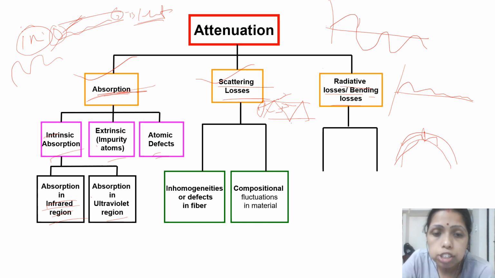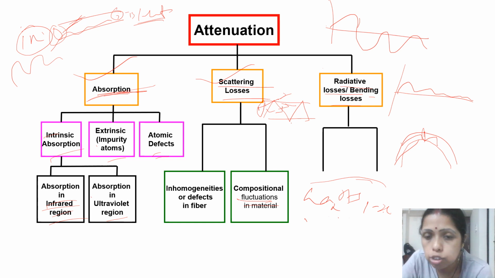The scattering loss, again I told, is due to some fluctuations. Suppose gallium arsenide, so gallium x arsenic 1 minus x, this should be made, right? Imperfection means that instead of getting x, we are getting 0.9x. At some points I am getting gallium x arsenic 1 minus x, and at some points I get gallium 0.9x like that.